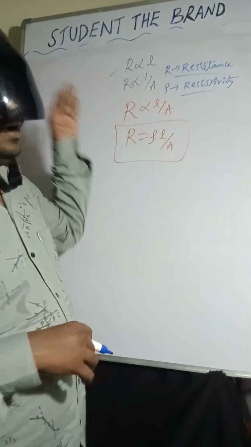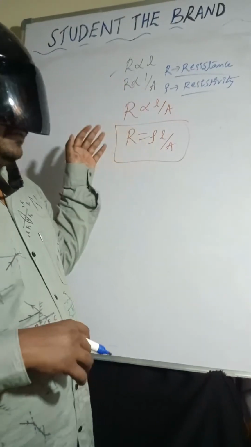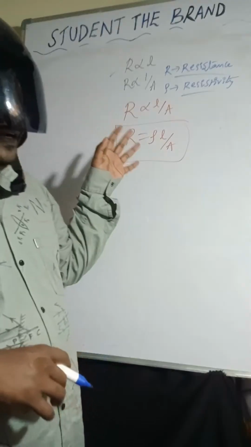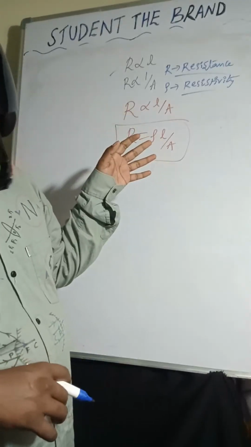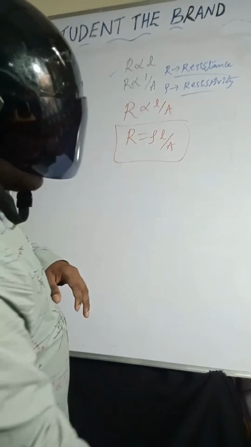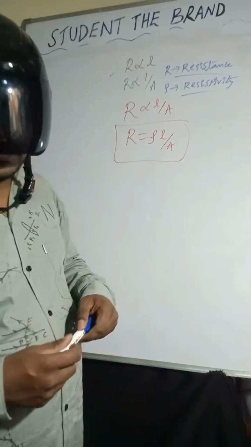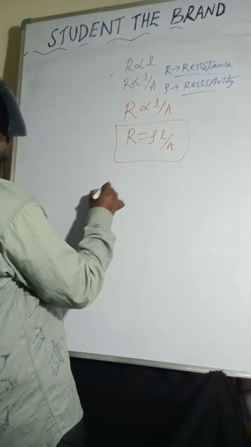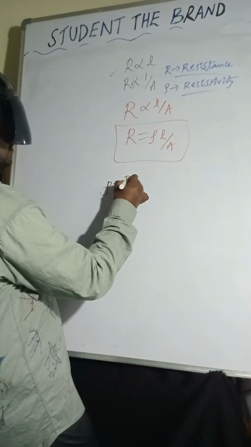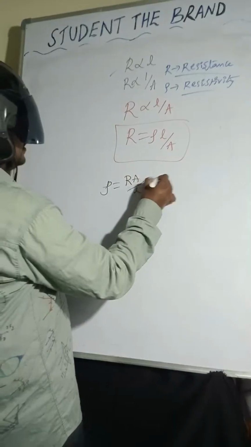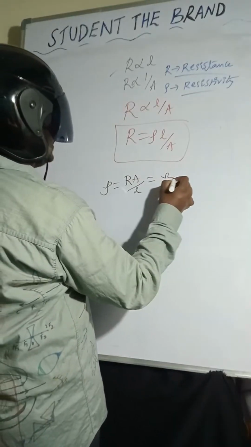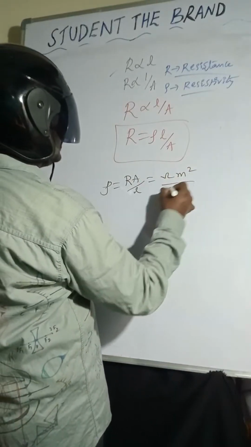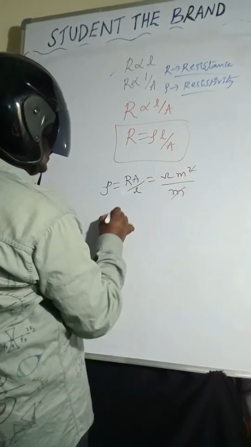Now the SI unit of resistivity. Rho equal to RA by L. The SI unit of resistance is ohm, the SI unit of area is meter square, and the SI unit of length is meter.